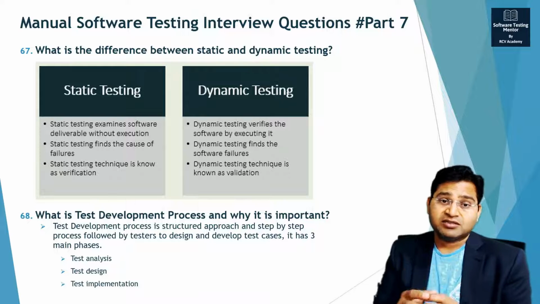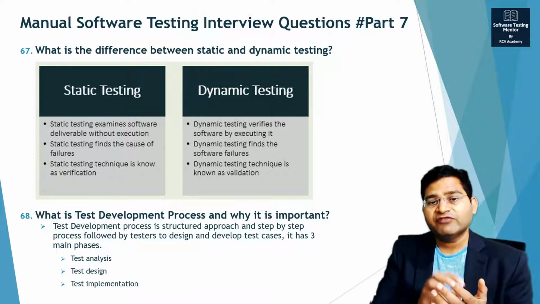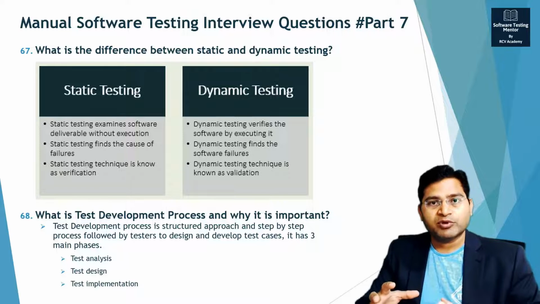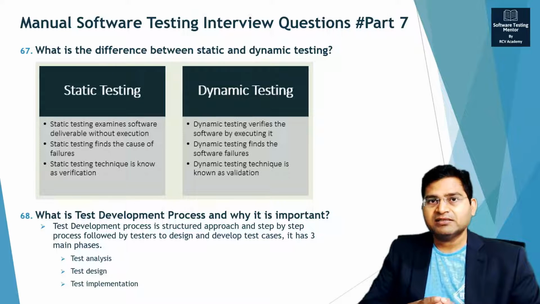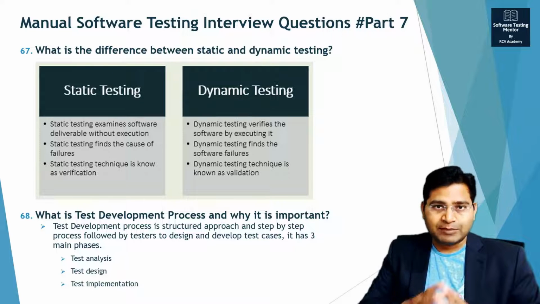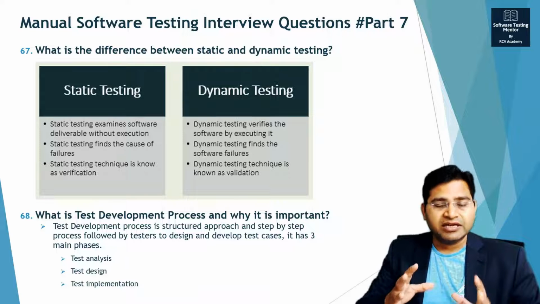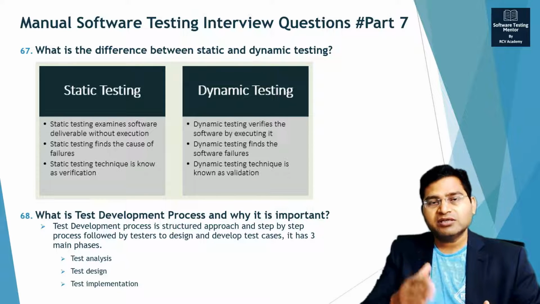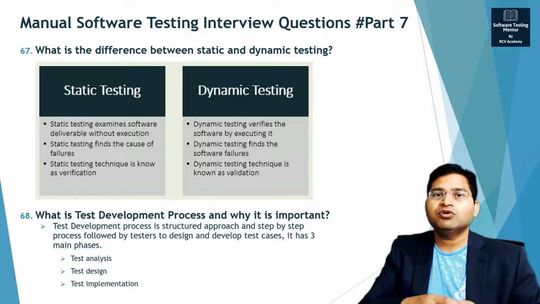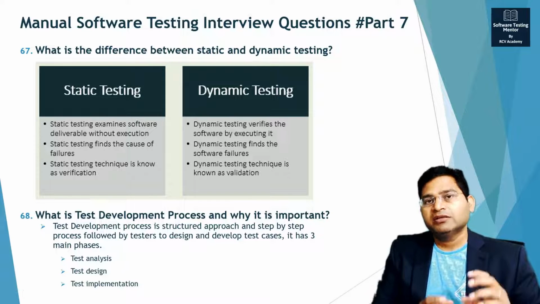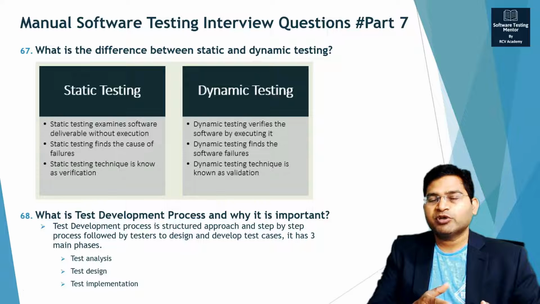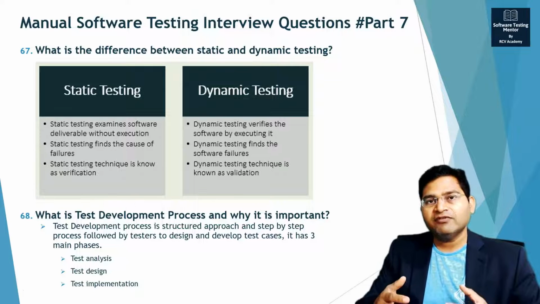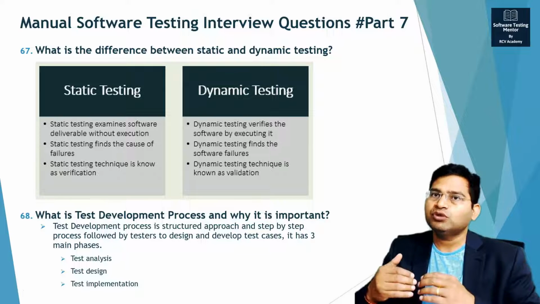If as a tester you understand that test development is a process and you follow it step by step, you will be absolutely amazed at the level of detail you capture in your test cases and scenarios. A structured way is always better and will give you much better insights than an unstructured approach. So at a high level, you do analysis, you do design, and you do implementation.